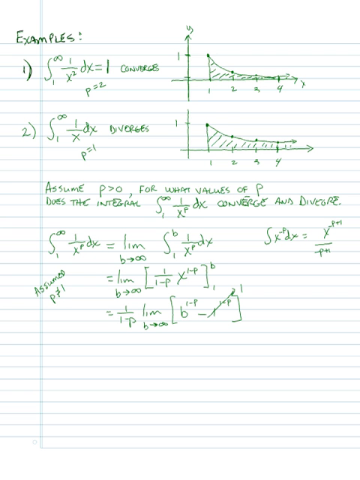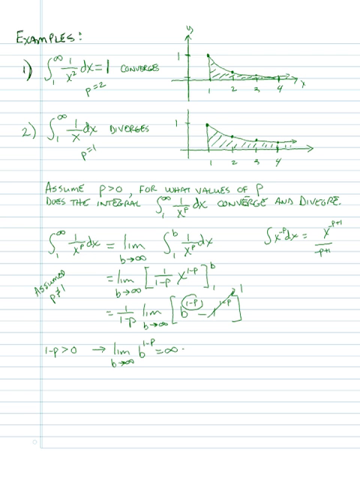Now, here's where we are. We have to kind of stop and think about what's happening here. If 1 minus p, that's this exponent, is greater than 0, then the limit of b to the power 1 minus p as b goes to infinity says we have some number to a positive power, and that number is getting larger and larger, so this would be equal to infinity, wouldn't it?